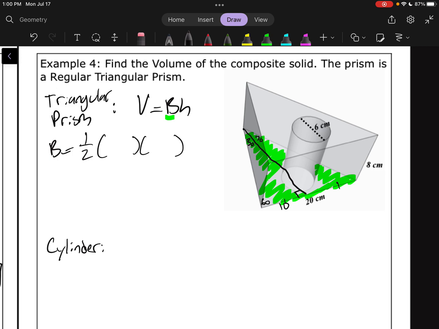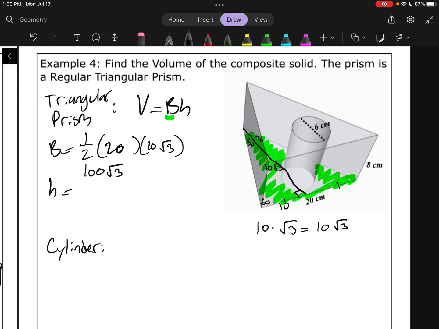And then if we want to find the height, we can just do some 30-60-90 triangle work here. That short leg is 10, and to find the long leg, you just take the short leg times √3. So the height of our triangle is 10√3. That means the entire base of our triangle is still the 20, but the height is 10√3. So the area of the base becomes 100√3.